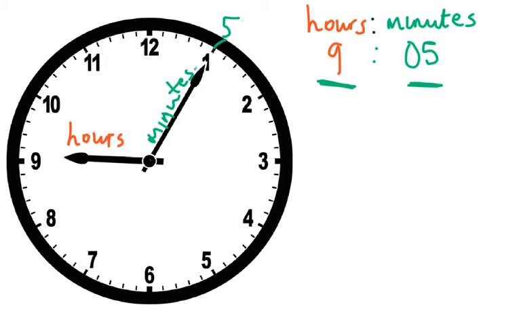If the minute hand moves to this point here, it's 6 minutes past 9, 7 minutes past 9, 8 minutes past 9, 9 minutes past 9, and when we reach the 2, 10 minutes past 9. Let's keep going: 11 minutes past 9, 12, 13, 14, 15 minutes past 9.